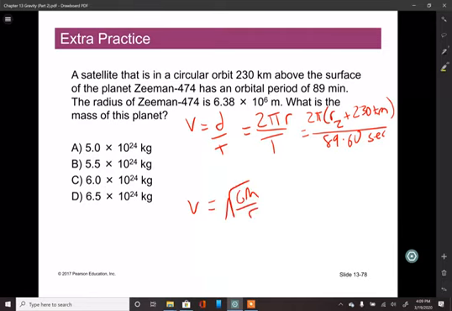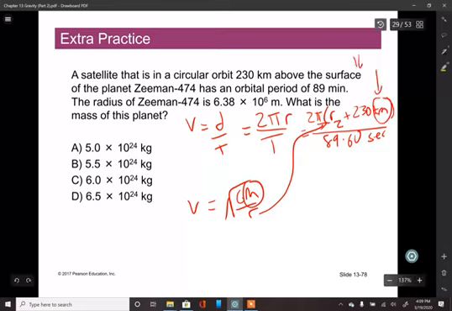We can rearrange this, right, to solve for our unknown M. And once again, r is this whole thing, right? The distance you are away. And so if you very carefully do all that and get your unit conversions, right, this has to be 10 to the third meters. You need to do unit conversion there. If you do all that very, very carefully, you should get 6 times 10 to the 24th kilograms.